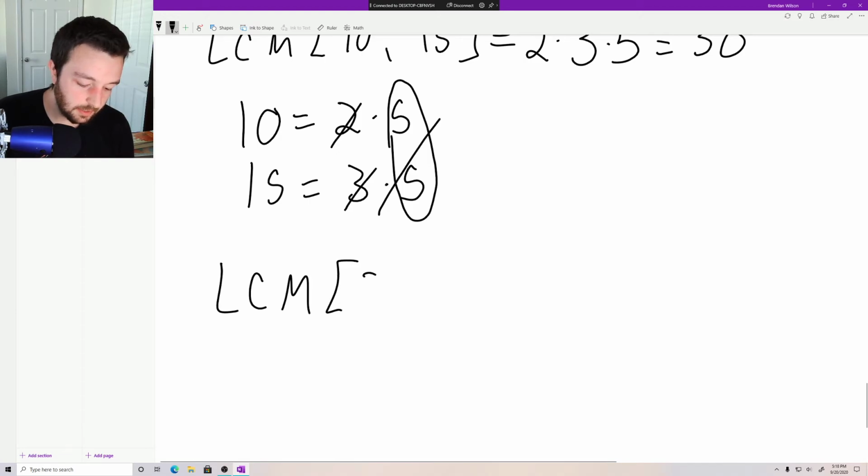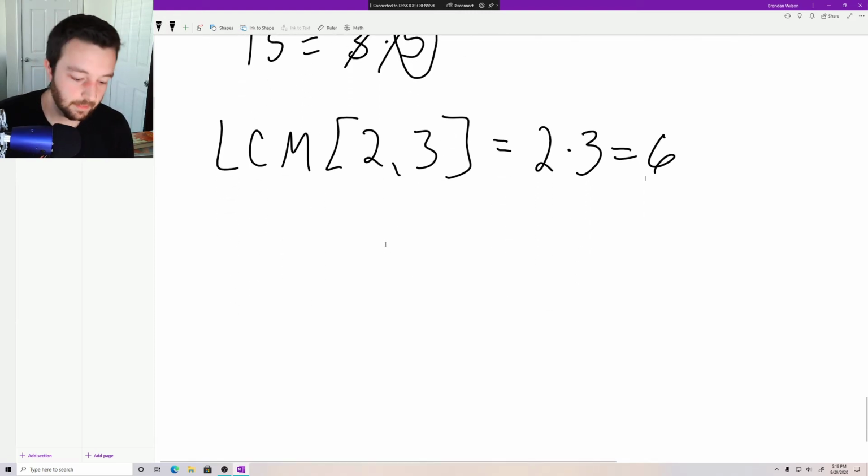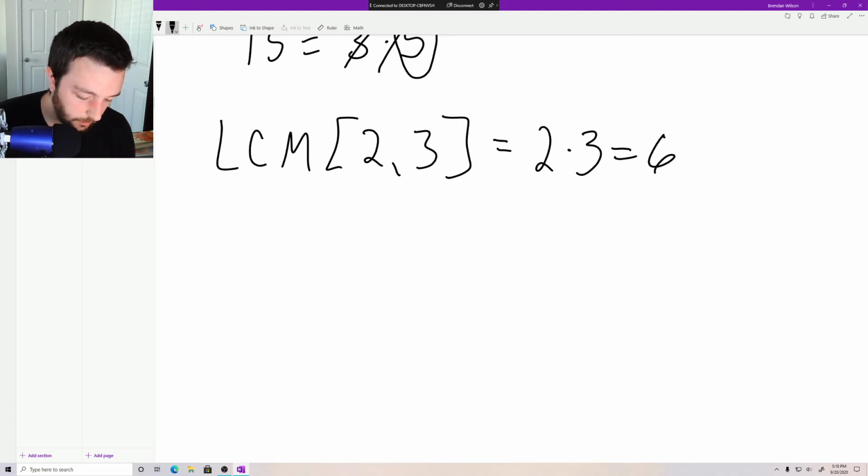So with numbers like 2 and 3, it becomes simple because they're their own prime factorizations, right? Because they're prime numbers, so you just do 2 times 3, so you get 6. What about 9 and 8?